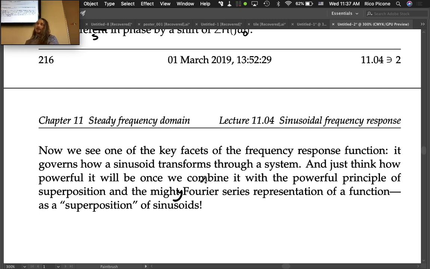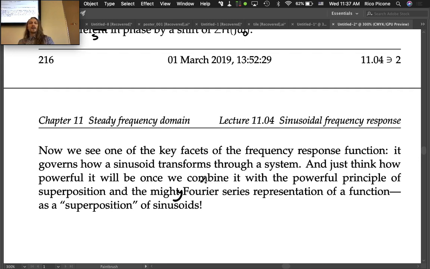And that's going to allow us to start to think about filtering, and about how the frequency response function is really governing the relationship between the input and the output, or we can think of it as doing so, and that's a very useful way of thinking about it.